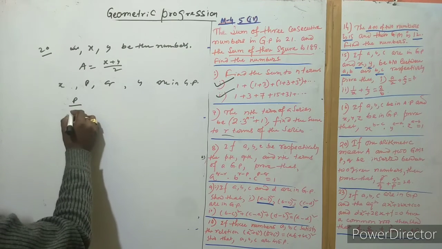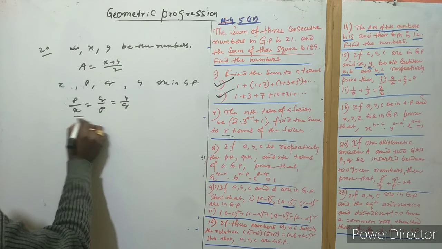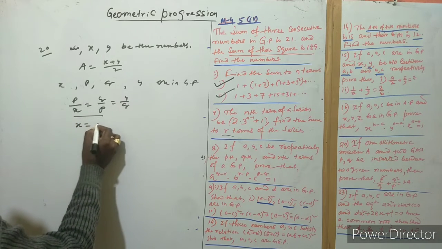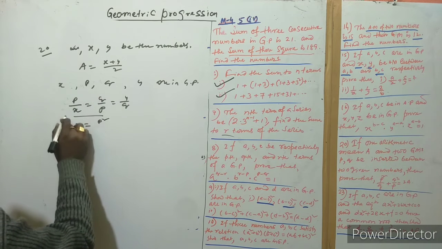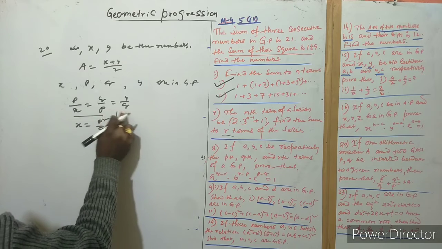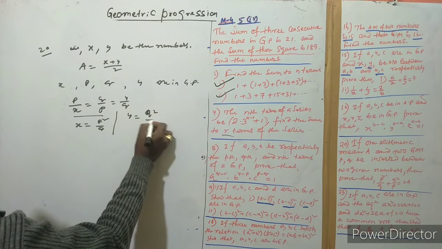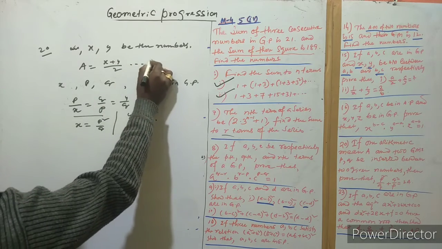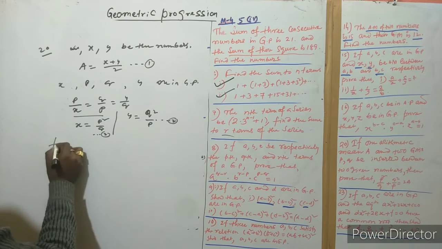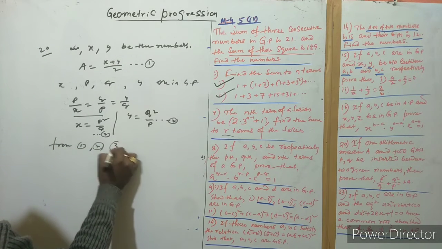So you can write P by x, Q by P, and y by Q. From this we get x is equal to P square by Q. Similarly, we get y is equal to Q square by P. So from 1, this is 2, this is 3. So from 1, 2 and 3.